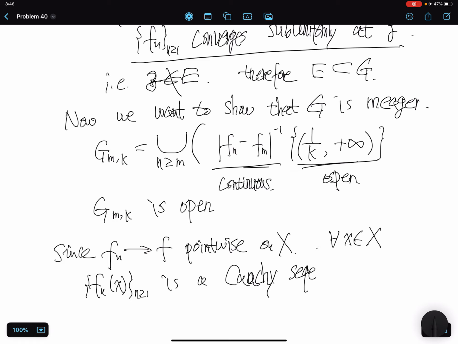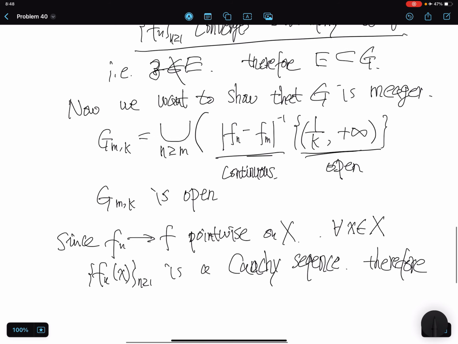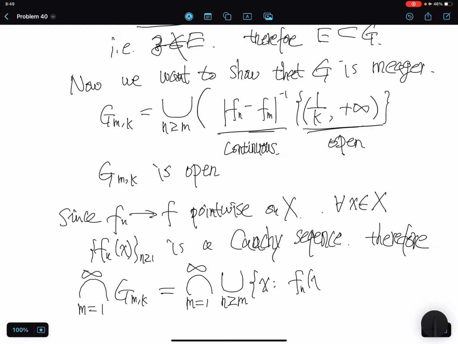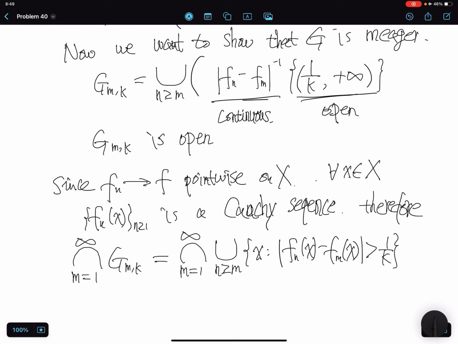Therefore, if we take the intersection over m from 1 to infinity of G_mk, this is exactly the intersection over m of the union over n bigger than m of the set of x for which |f_n(x) - f_m(x)| is greater than 1 over k. This must be empty.